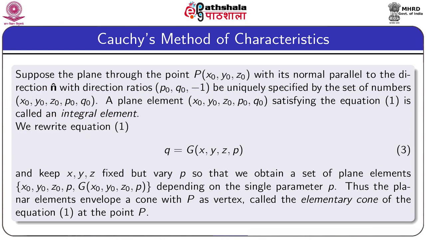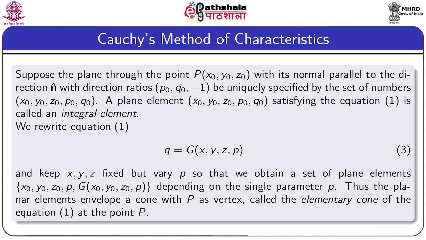So, the set x0, y0, z0, p0, q0 is called the plane element in space. Suppose a plane element x0, y0, z0, p0, q0 satisfies equation 1, that means equation 1 is the given first order partial differential equation.